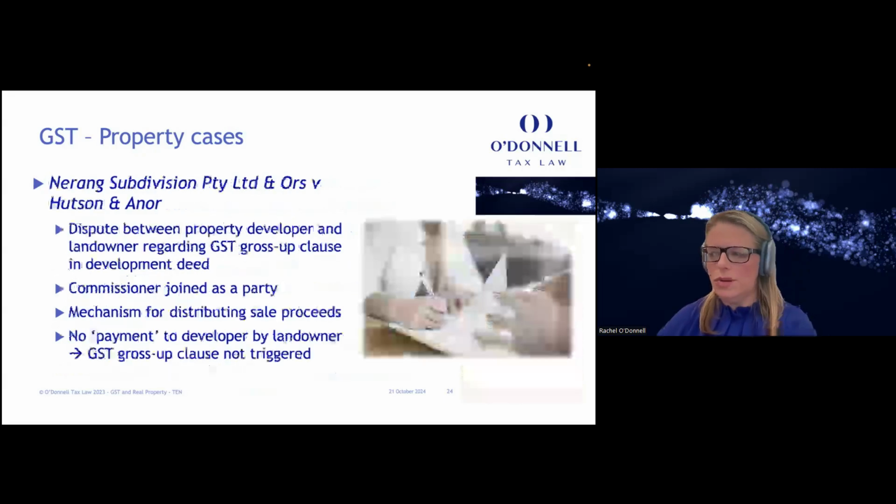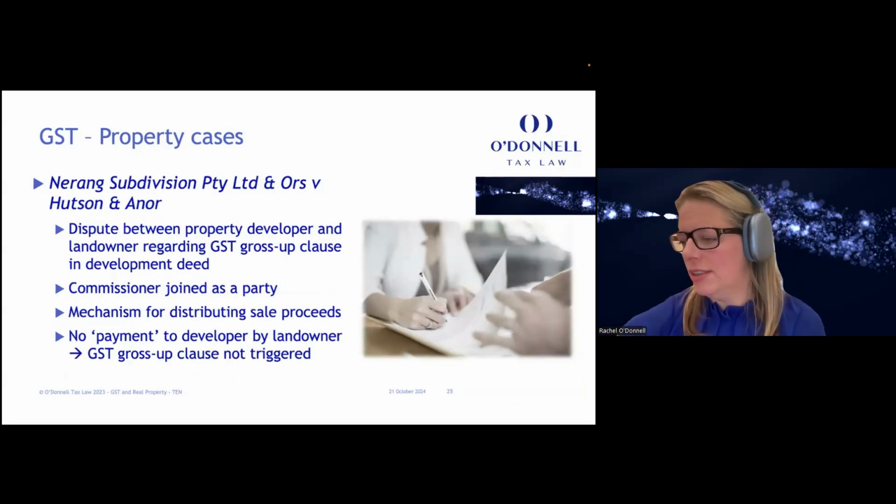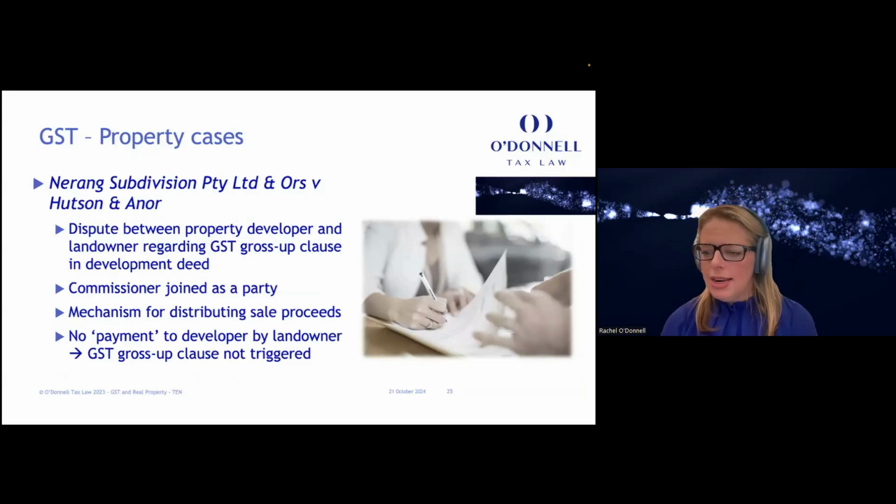The next case I wanted to mention very briefly, and I will end up going over slightly, is Lance's case. What I wanted to mention here is that the arrangements between the parties are absolutely crucial. This is a very high dollar transaction, and the wording of the GST gross up clause referred in a development deed, this is a Queensland property, referred to grossing up in respect of payments, but it was held that there wasn't a payment to the developer.